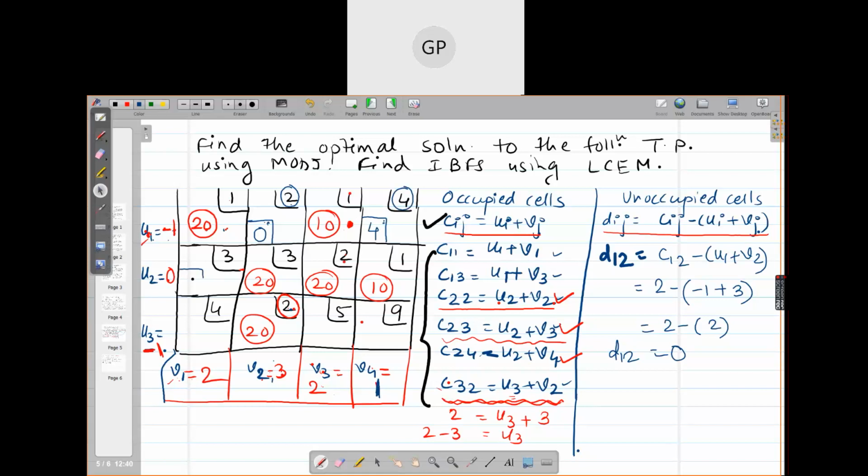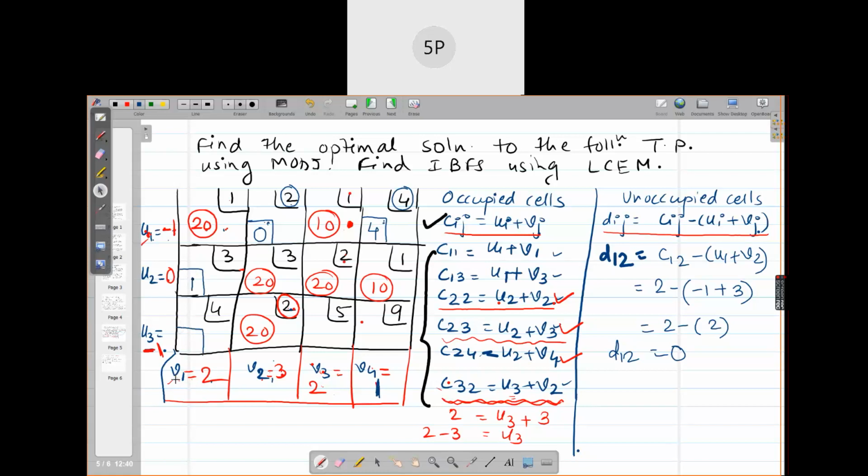Now tell me this one. What will you do? You will go to the row value 0 and the column value is 2. 2 plus 0 is 2, and 3 minus 2 is 1. The answer is 1.